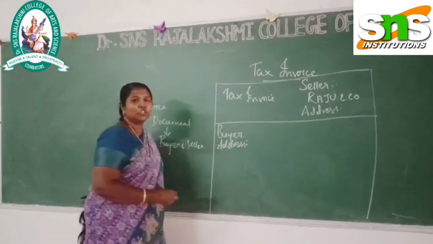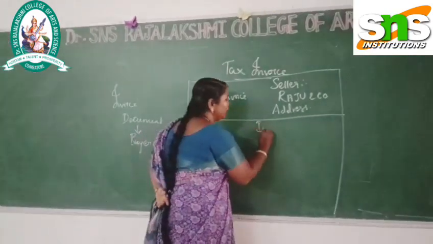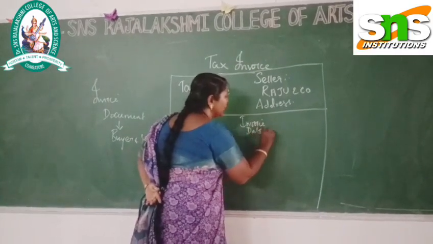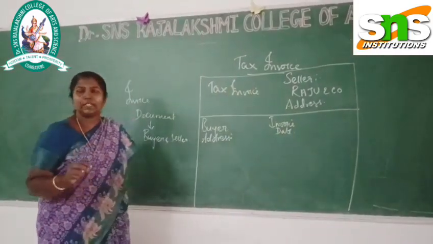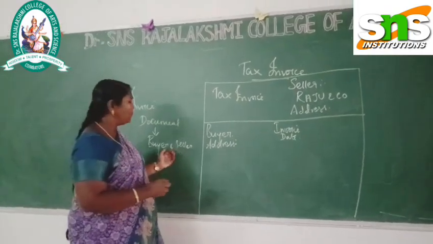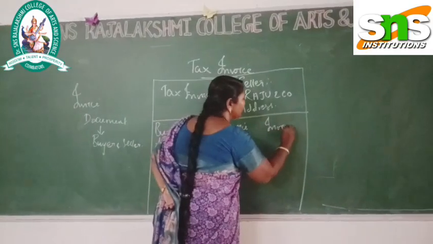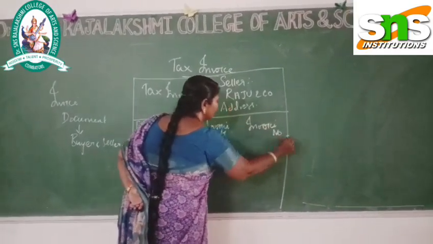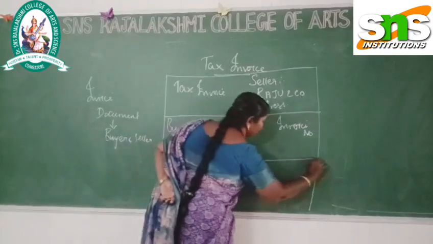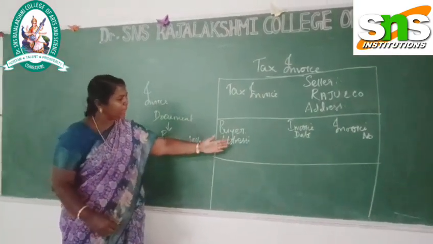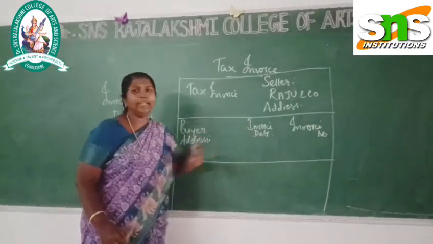And next, we need the date on which we are issuing the invoice. The date is mandatory, the date on which the goods are sold from the seller to the buyer, and we should note the invoice number also. So on the left-hand side we have the buyer address, invoice date and invoice number.